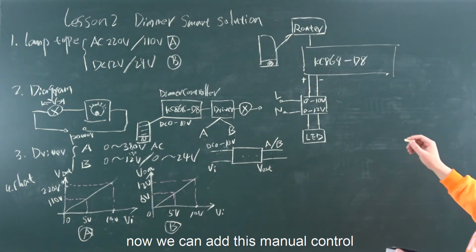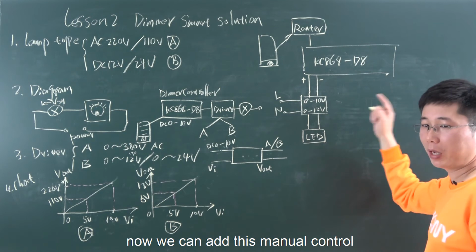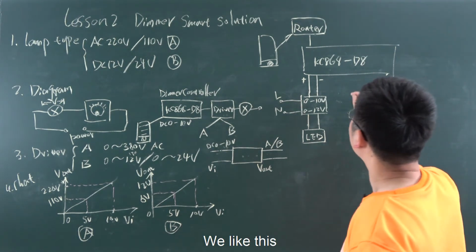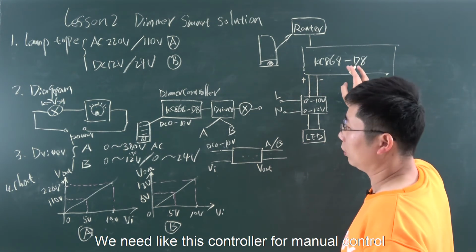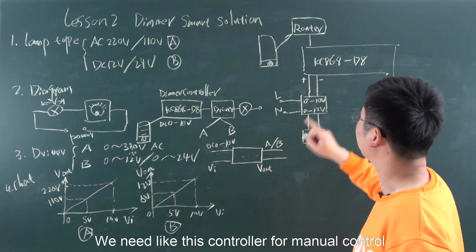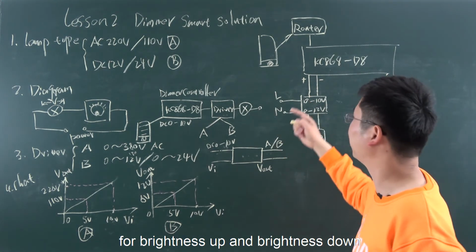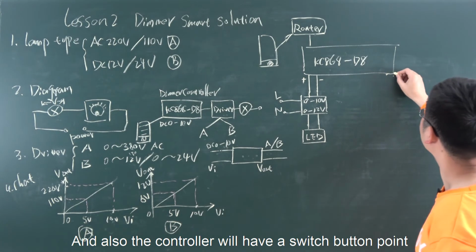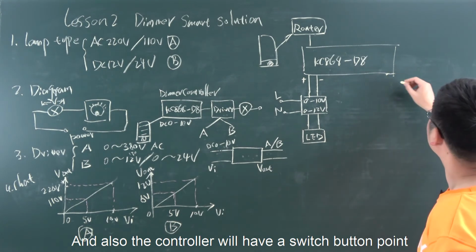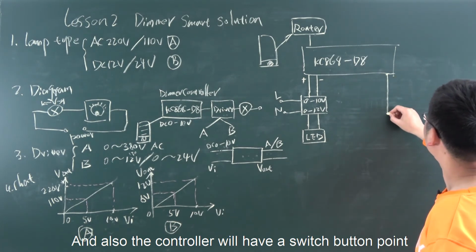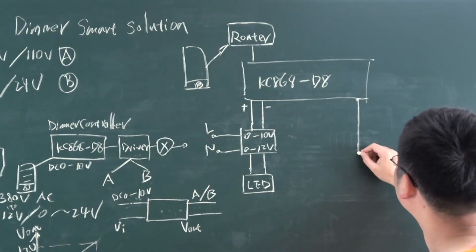Okay, now we can add manual control. We need this controller to have manual control for brightness up and brightness down, so the controller will have switch button points like this.